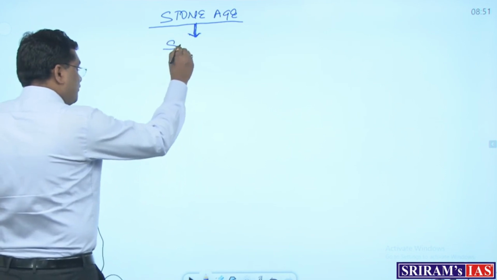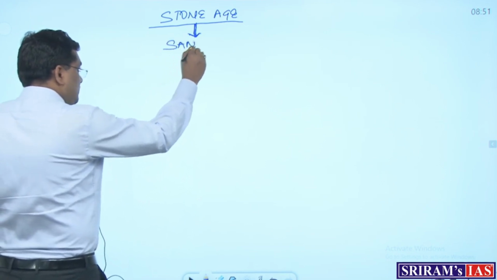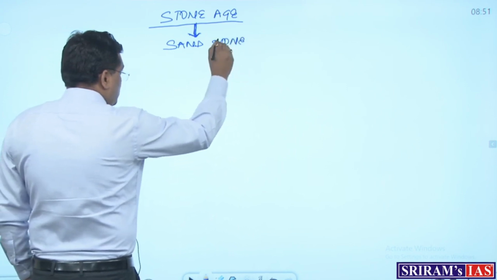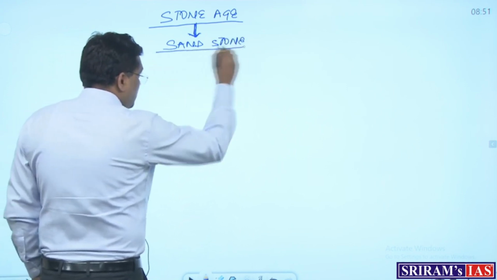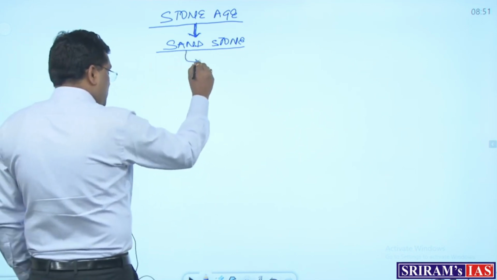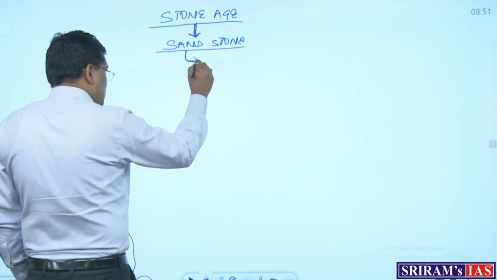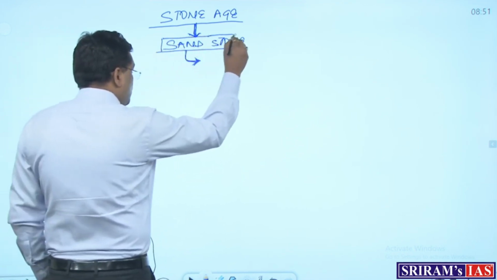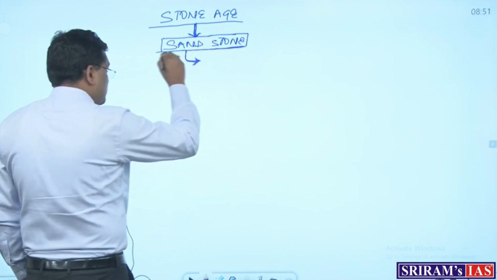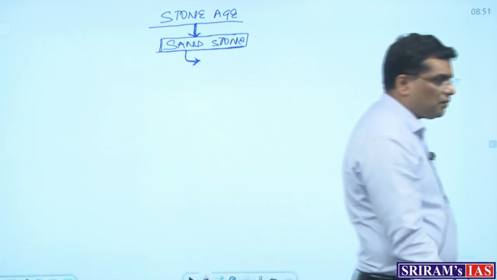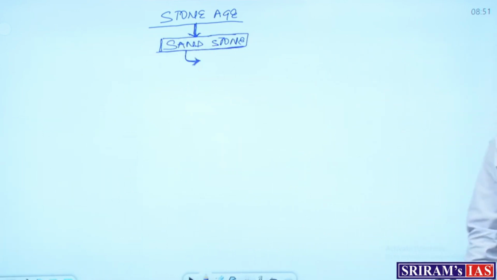Sandstone was very easily available and easily breakable. So human started using sandstone to make the tools. Plenty of availability all over the world, we have the sandstone.